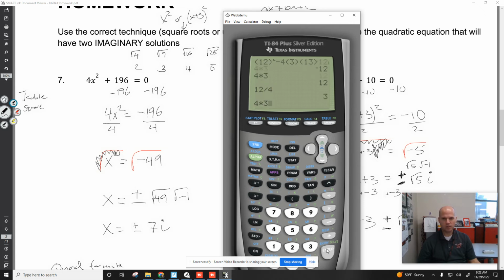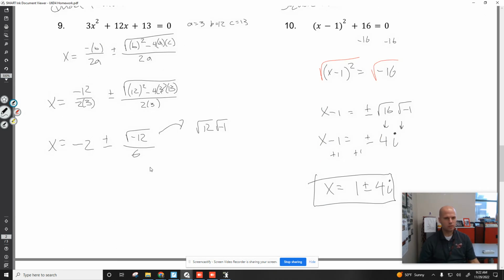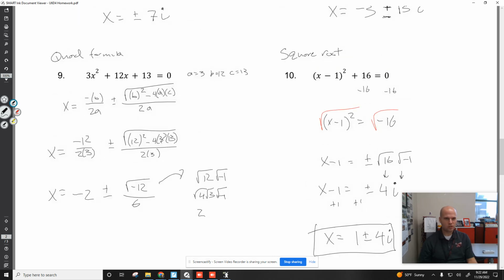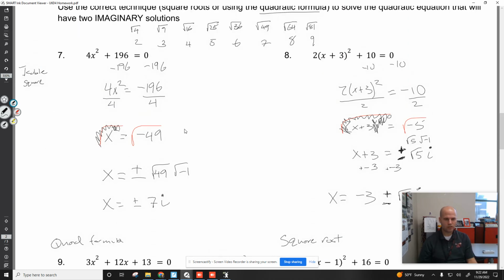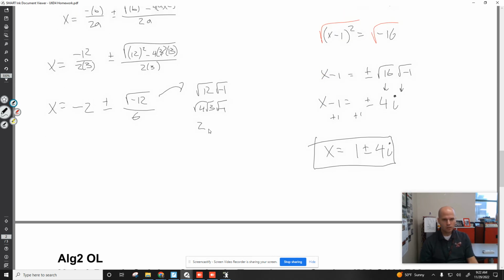So I'm going to write root 12 as root 4 root 3. And I still have that root negative 1. Square root of 4 is just 2. Times the square root of 3, which can't be simplified, times i. 2 root 3i. So that's what root 12 is.